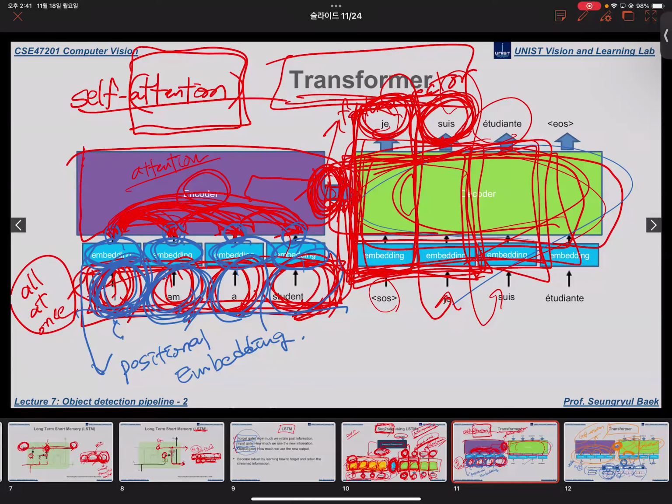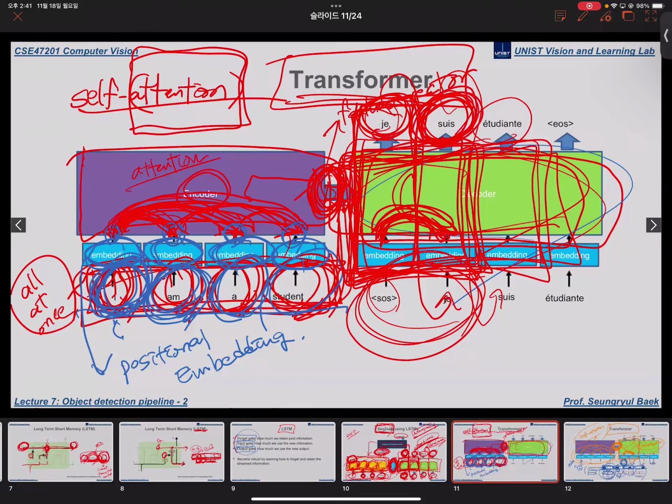So this is the autoregressive way. This is a sequential process, but given this autoregressive input, they calculate the dense relationship between the autoregressive inputs, and using that dense relationship, they predict the output one by one.